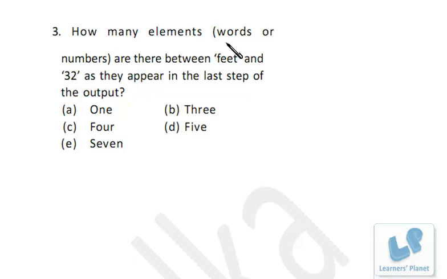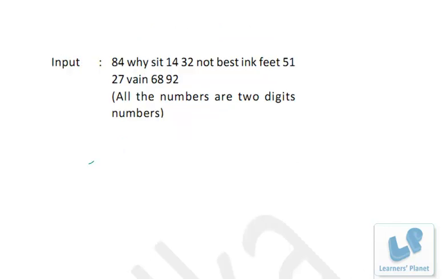Now, how many elements, words or numbers, are there between feet and 32 as they appear in the last step of output, right? So we directly write down the last step and we will calculate the number of words or numbers between 32 and feet. So I write 32, then according to descending order it is 27, then it is 14, and in case of arrangement of words it's best, then feet, right?